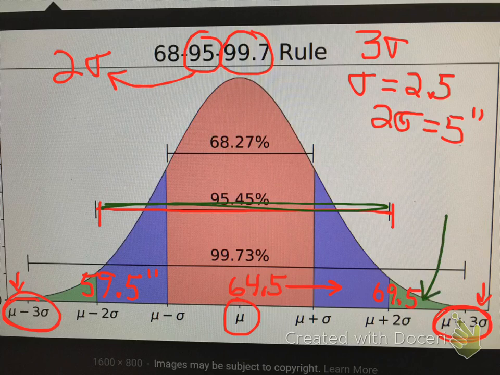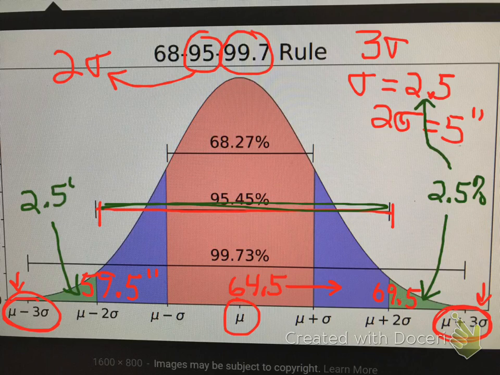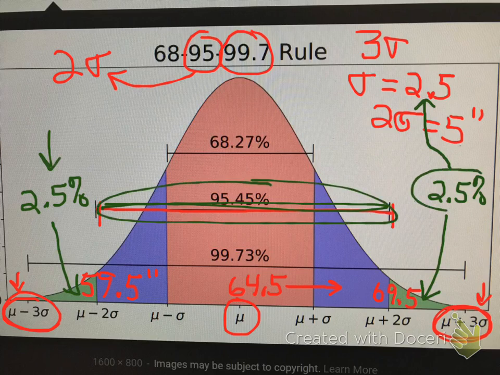Not to be confused with our standard deviation of 2.5, this is 2.5% of the population. And in the lower tail is also 2.5%. So look, we got 2.5% here, 95% here, and 2.5% in the upper tail, which gives us 100% of the population.